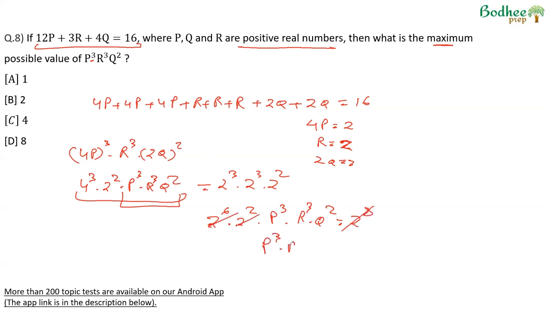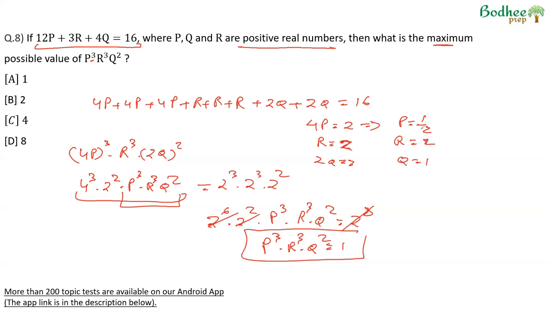So p cube into r cube into q square, maximum value is nothing but 1. Basically from here we are getting p as 1 by 2, r is 2, q is 1. Put the value of p 1 by 2, r 2, q 1. The maximum product will come out to option A. That becomes my answer.